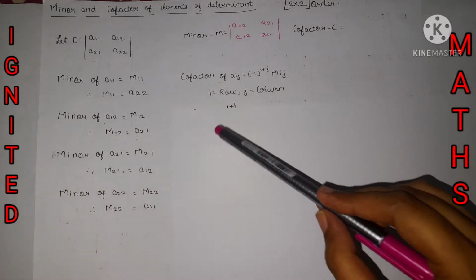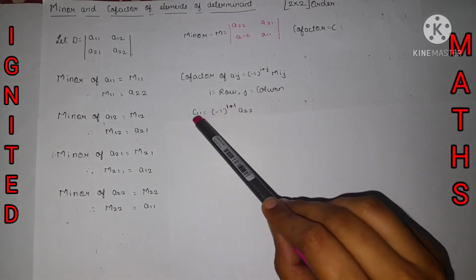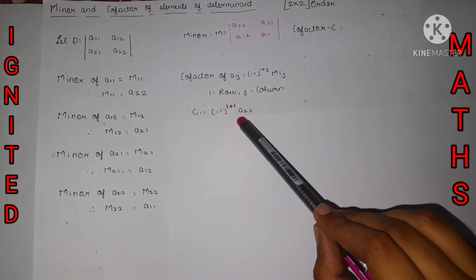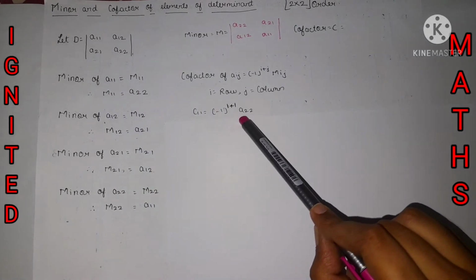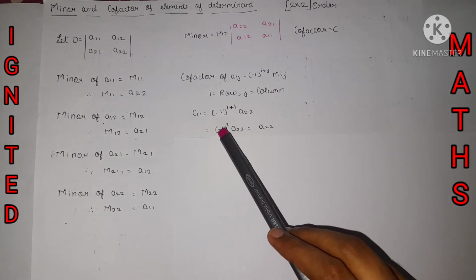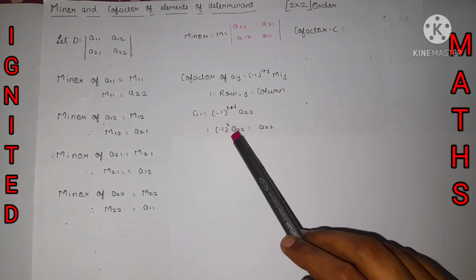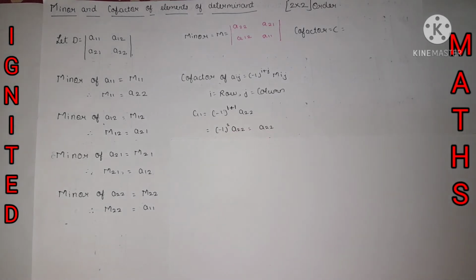So C11 is equal to (-1) raised to 1 plus 1, and the M11 value will be A22. That's what we need to mention over here. Doing the calculation, (-1) raised to 1 plus 1 is 2, so we get the answer as A22. This is what we need to do for the cofactor elements.